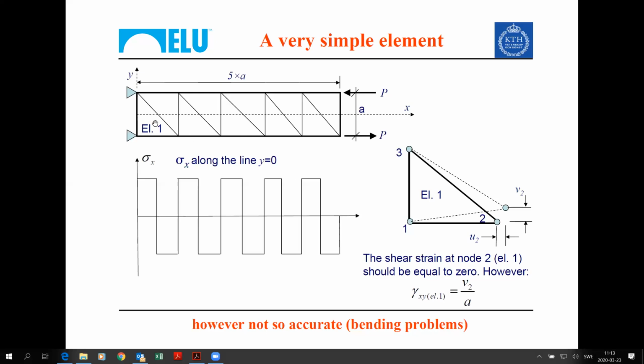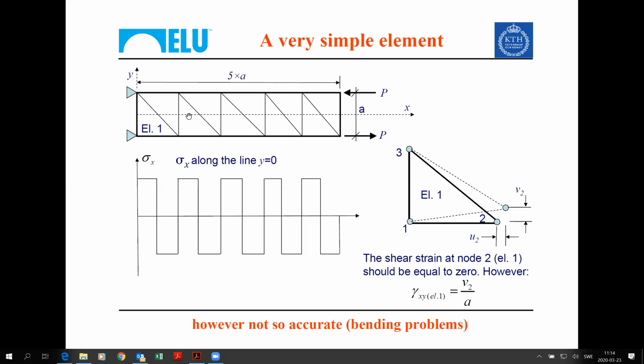We will need a lot more elements on the height and on the length to get the stresses and strains right. This also comes from the fact that we are using piecewise approximations. So constant, but to which point will this constant value actually be associated?